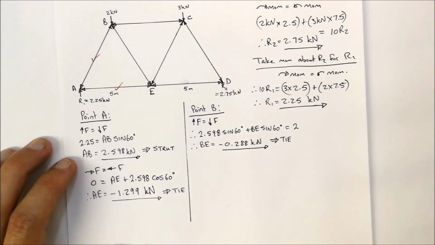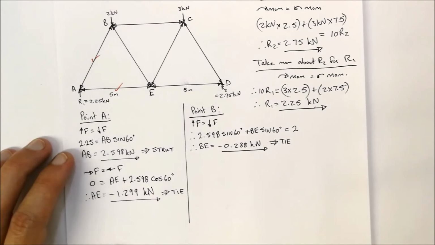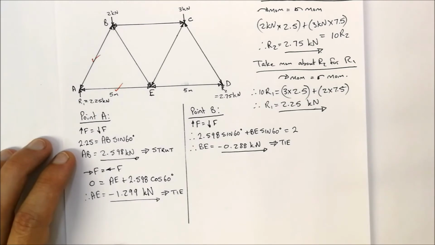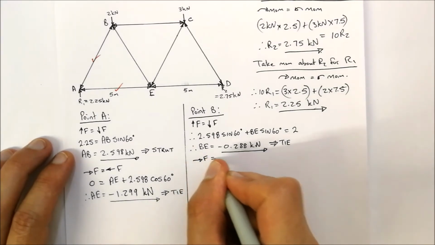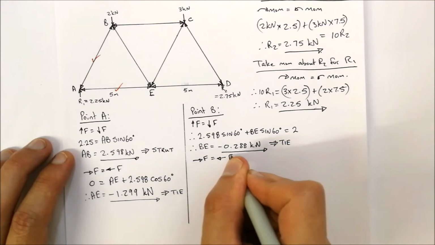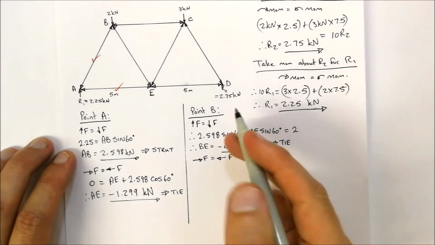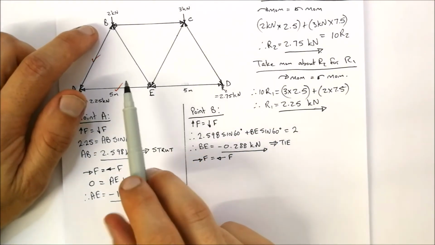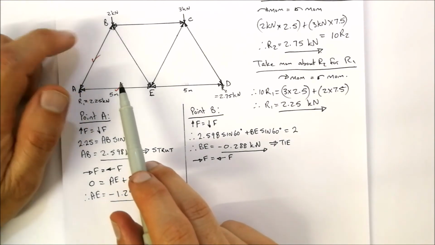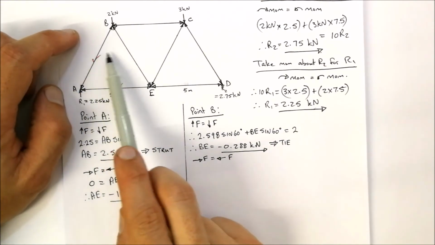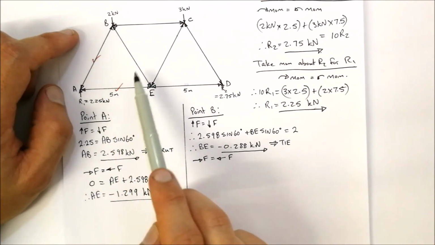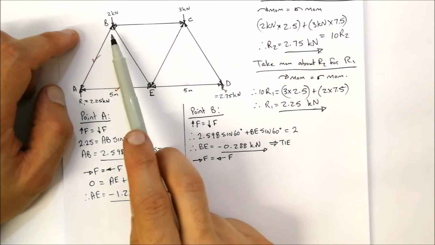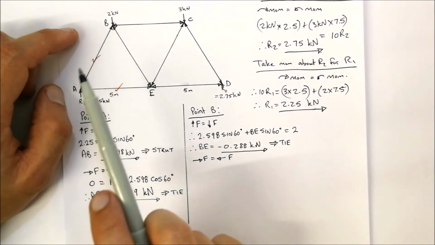Now that we've looked at the upward and downward forces, let's look at the right hand and left hand forces. Remember, right hand side forces are equal to the left hand side forces. What forces are acting towards the right? AB is acting towards the right, BE is acting towards the left, and BC is acting towards the left.